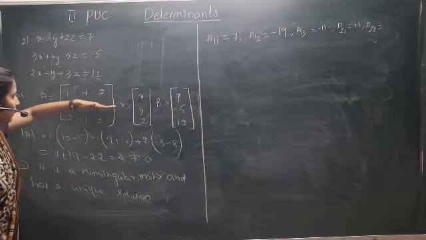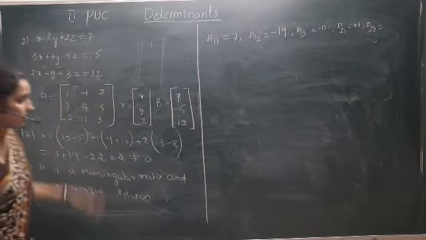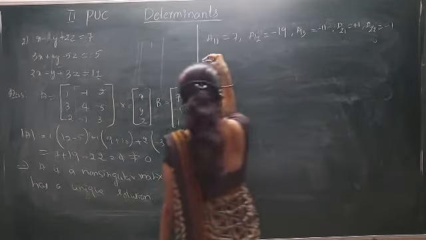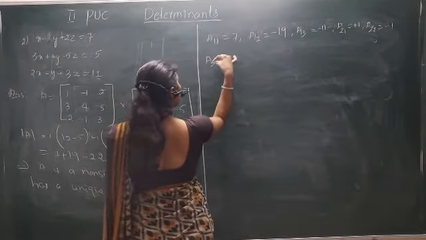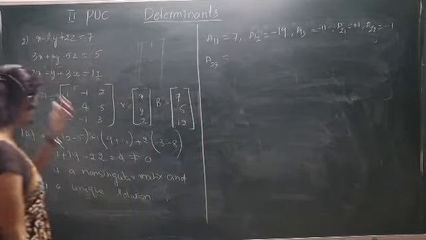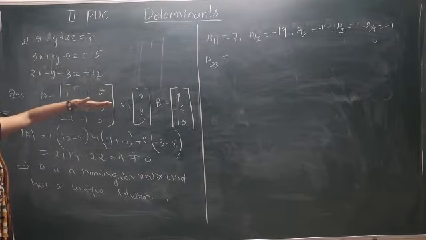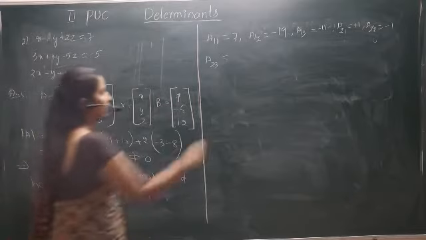So 3 minus 4 is minus 1. It is plus, so it is minus 1. A23 is this element, deleting second row and third column. So minus 1 plus 2 is 1. So it is minus, so minus 1.